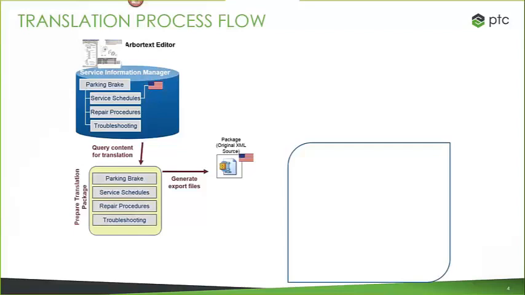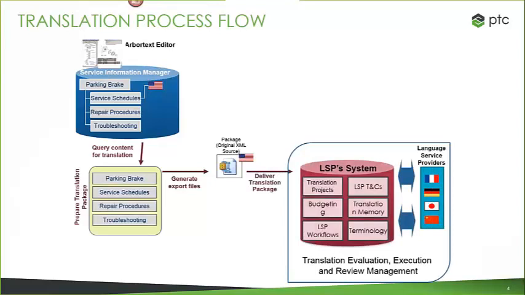Whatever has not yet been translated in the requested language will be gathered together into what we call a translation package, which is really just a zip file that contains a log file, a manifest, and the files that need to be translated.